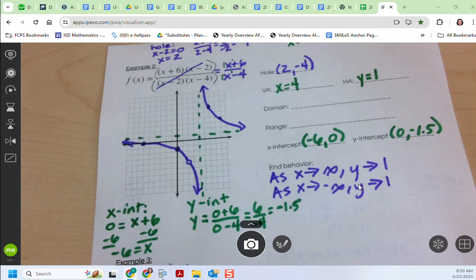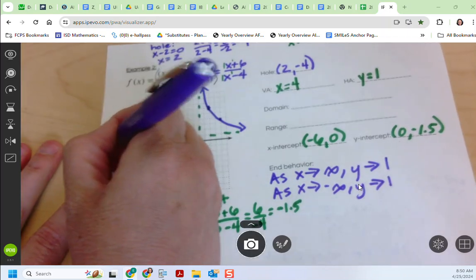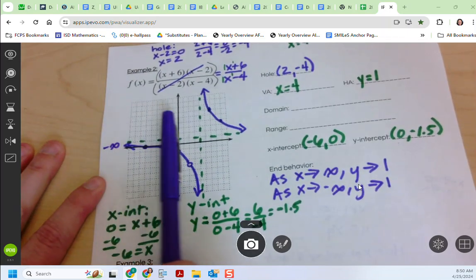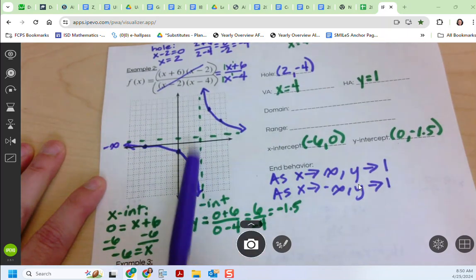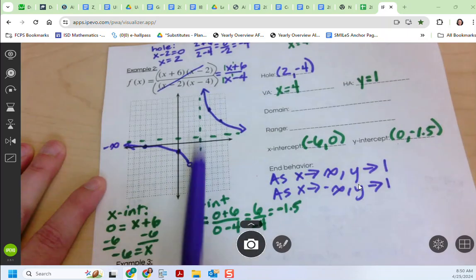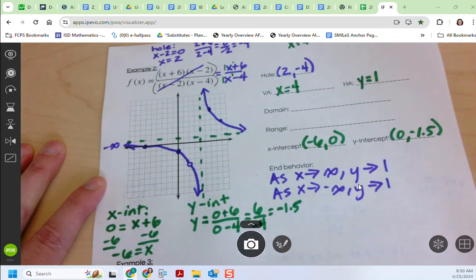All right, domain, we got to leave out the hole and the asymptote. So it's going to start over here on the left at negative infinity, and it's going to go all the way up until we get to this hole that has an x value of 2. Then we'll do the piece between 2 and 4, where the asymptote is, and then we'll do the piece from 4 to infinity. So it has 3 pieces to it.